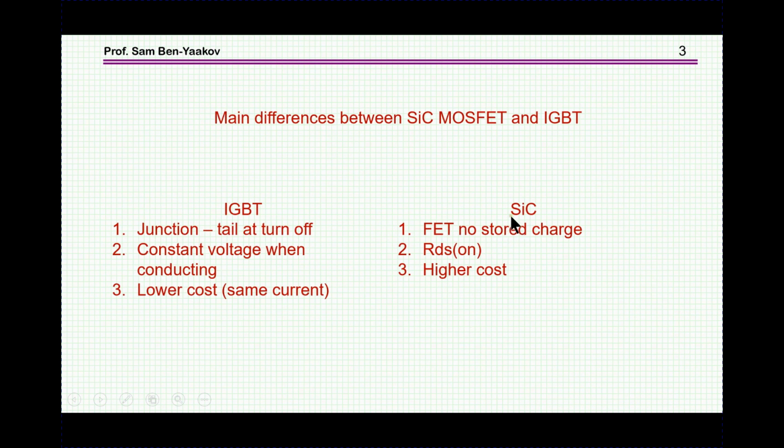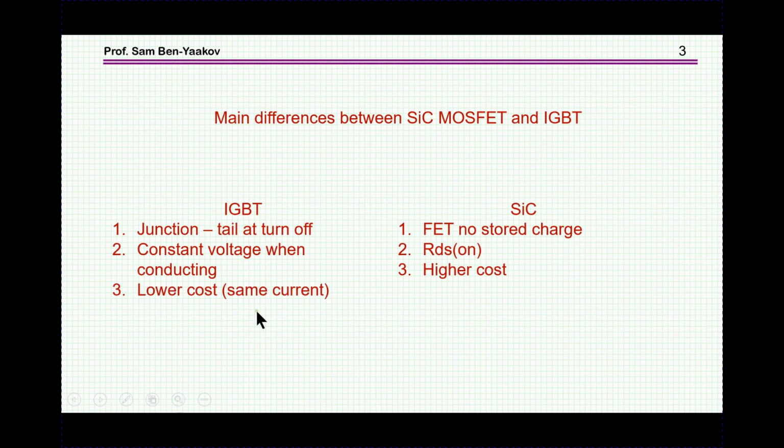Now, as for the silicon carbide, it is a fast device. There is no junction, so there is no stored charge, and you can switch it very quickly depending on the drive that you have at the gate. And when it is conducting, it behaves like a resistor. There is the RDS on, and the higher the current, the higher the voltage drop, like a resistance.